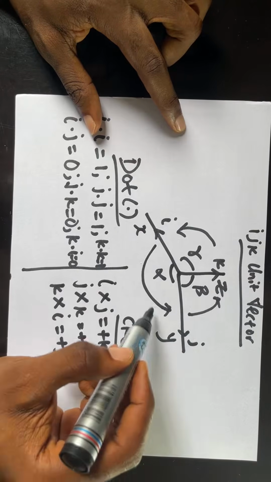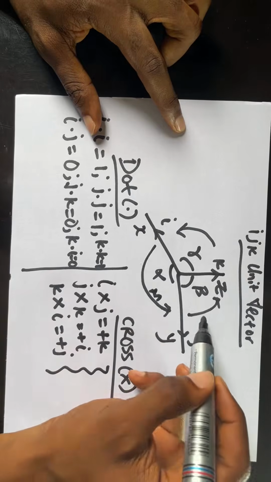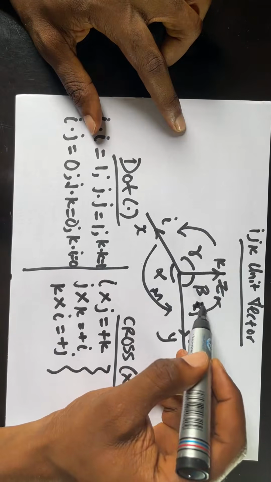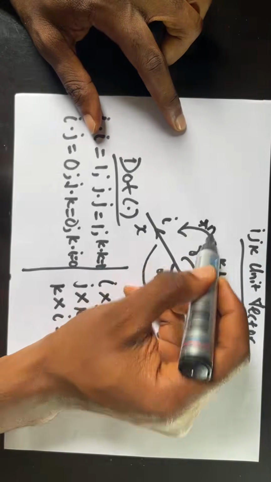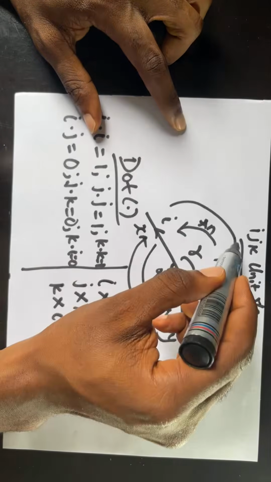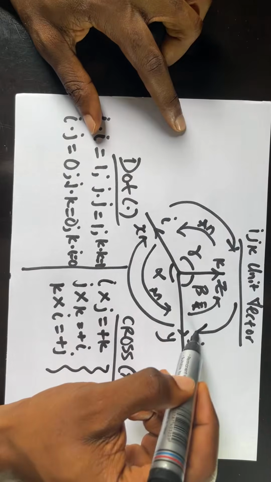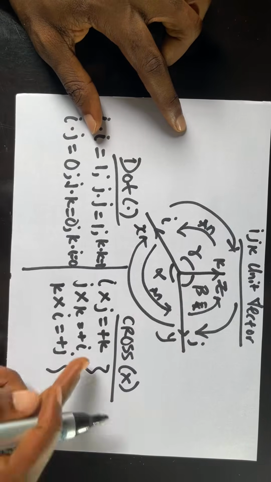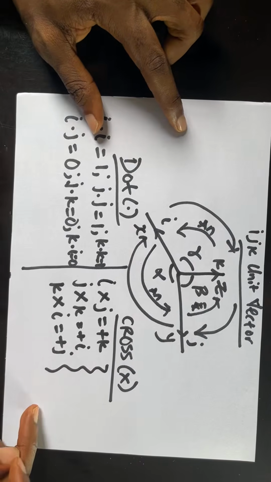And the second rule: if we go clockwise, it will give us a negative result. Please take note.